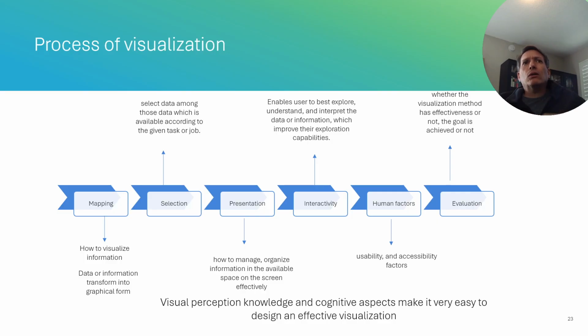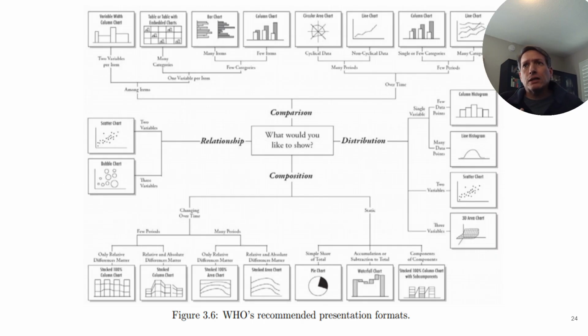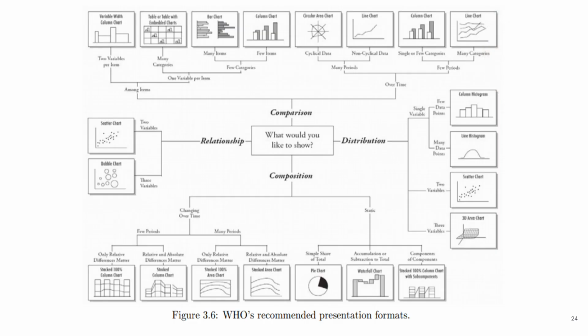Then this is kind of the stakeholder process, but let's focus then on mapping. You may have seen this graph before, where the first question that you need to ask is, what do you want to show? What is the message that you want to convey? Do you want to show relationship between variables, or do you want to compare them?